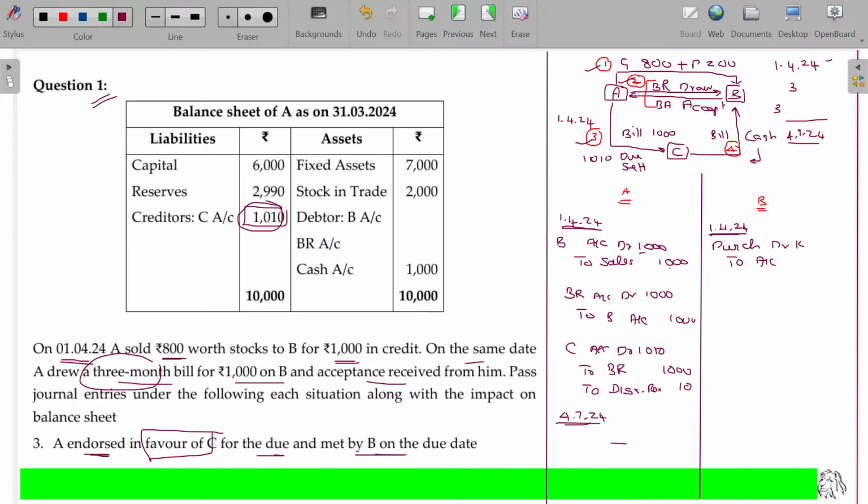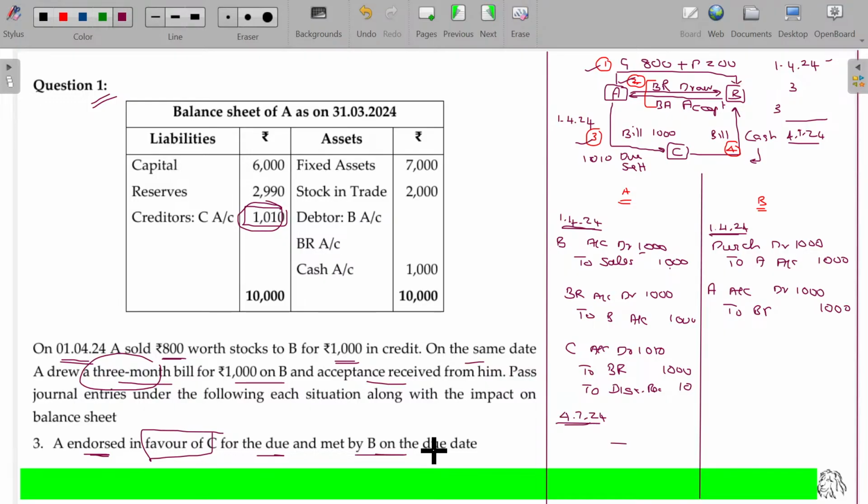The value being 1000. For the due, now B accepts the bill. The entry being A account debit to bills payable. For him, it's bills payable. So A account debit to bills payable. The value being 1000.